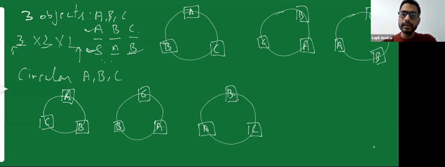Let us check. A has right hand side partner as C and left hand side partner as B. In this diagram, A again has left hand side partner as B and right hand side partner as C. And in this diagram again, A's right hand side partner is C and left hand side partner is B.